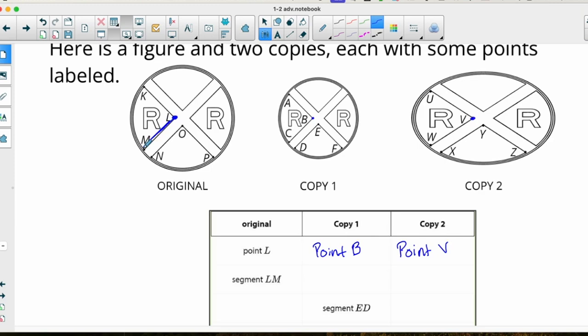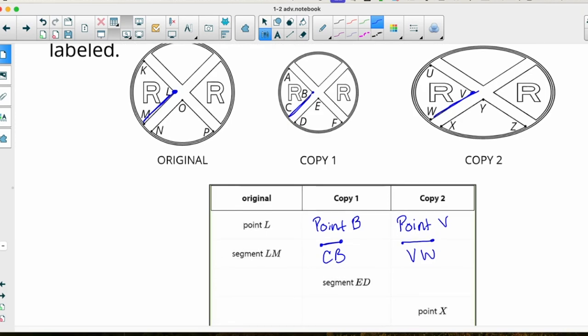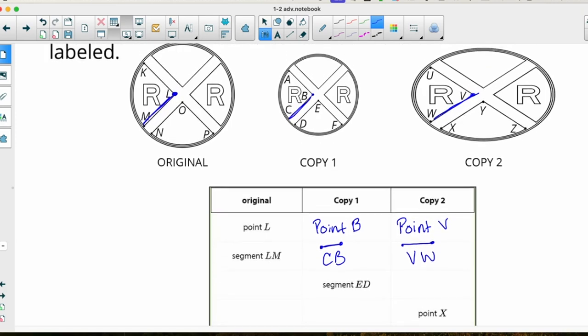So the same position in copy 1 would be segment CB, and the shortcut way of writing that would be put the bar over top of it instead of writing out the word segment. Technically, we should have the little endpoints on the segment symbol. And then that in the same position would be segment VW. And we could say WV or VW. It does not matter what order we go in.